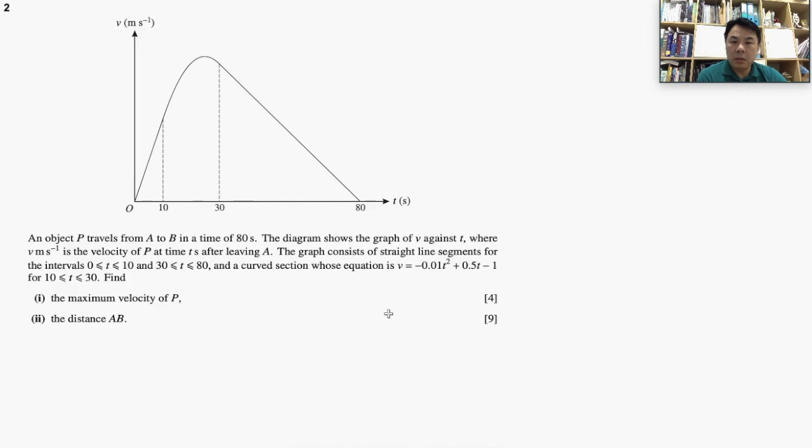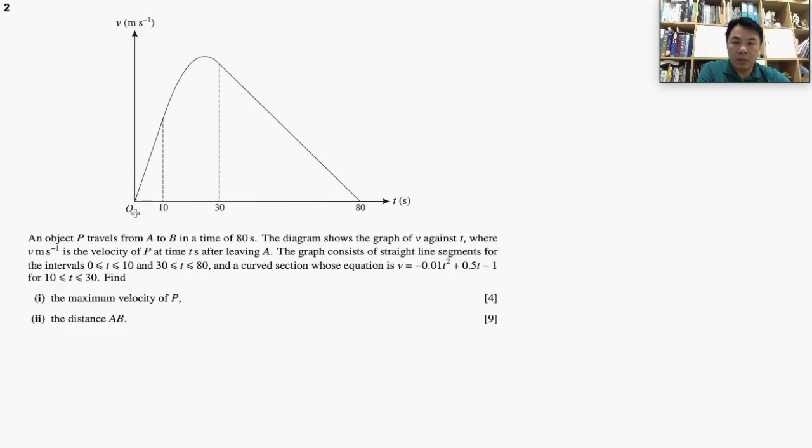The diagram shows a graph of velocity against time, where V is the velocity of the particle P at time t after leaving A. The graph consists of straight line segments. The first part is a straight line for the interval of time between 0 and 10 seconds.